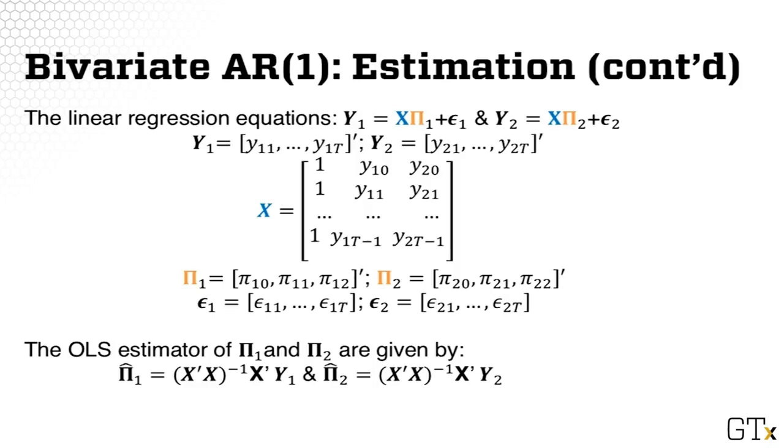Given these regression equations, if we apply the ordinary least squares approach used in the standard regression, as you learned in the regression analysis course, the estimated coefficient matrices are as provided on the slide. For example, pi 1 hat is equal to x transpose x inverse times x transpose times y1. Similarly for pi 2 hat.